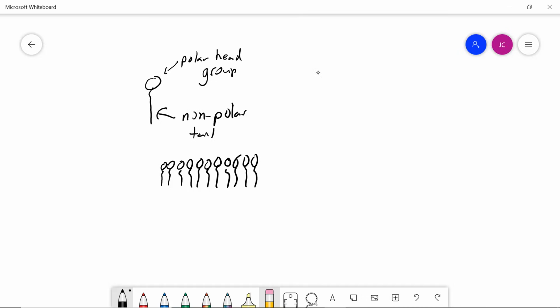Now, for an unsaturated fatty acid that has a double bond, it's going to look a little different. We still have the polar head group, and then some of the tail, but because of the double bond, it causes a kink in the tail. So imagine putting one of those inside of here.